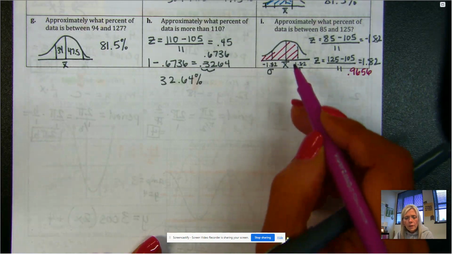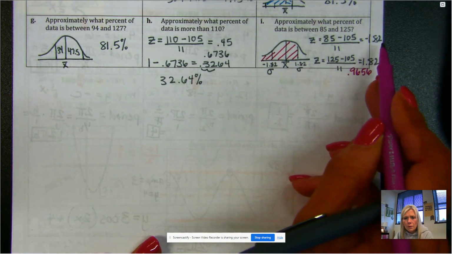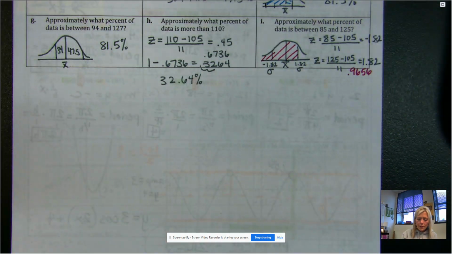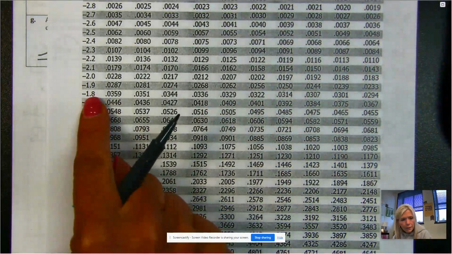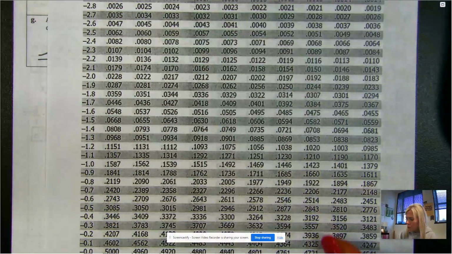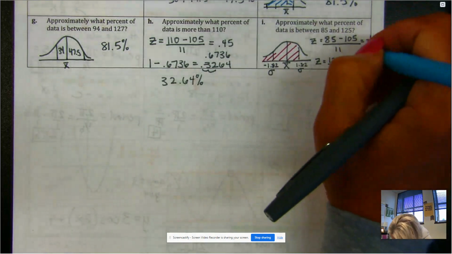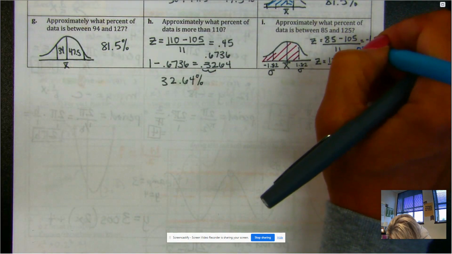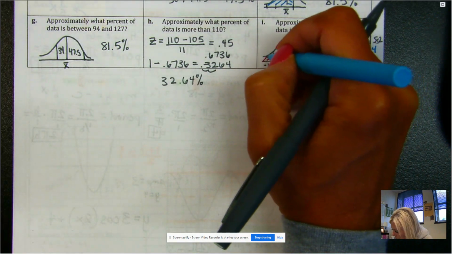So I only want to know from here to here, so I'm going to use the table to find this value, negative 1.82. Negative 1.8 and 0.02, 0.0344. So this one was 0.0344. So that means that's this part.